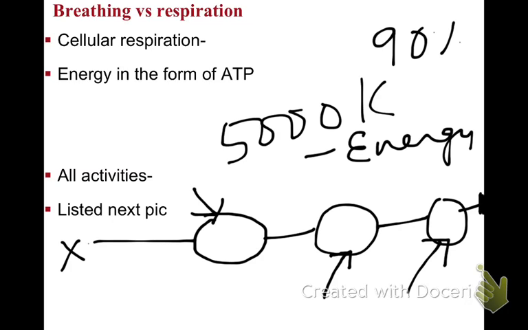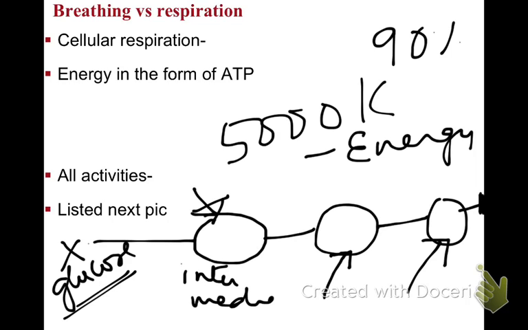Now, with that as our background, if your starting point for getting energy is glucose, you start from here and it goes through a series of steps wherein it forms a lot of intermediates, and these finally end up giving out carbon dioxide, which is my end point. So I have completely broken down my glucose and I am deriving energy out of this.